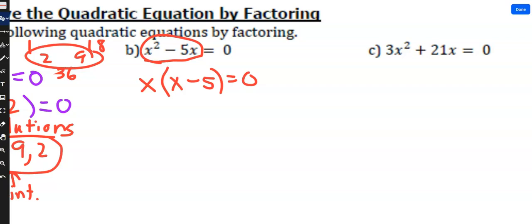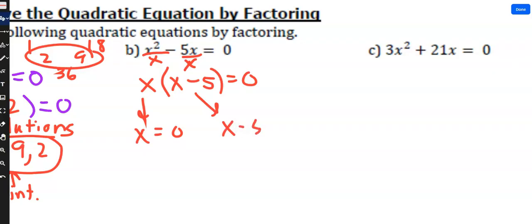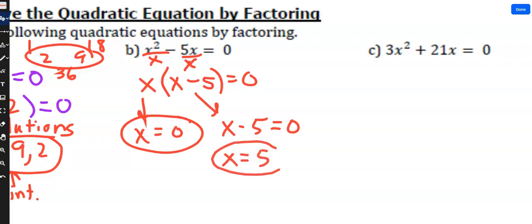Well, the greatest common factor here is x, right? So you're going through, just like we did before, dividing each term by the GCF, so you know what goes in the parentheses. And you set the two factors equal to 0, so this factor and then this factor. Well, isn't this one already solved for? I don't have to do anything to that. And the other one's pretty easy also. So those are my two answers, 0 and 5.